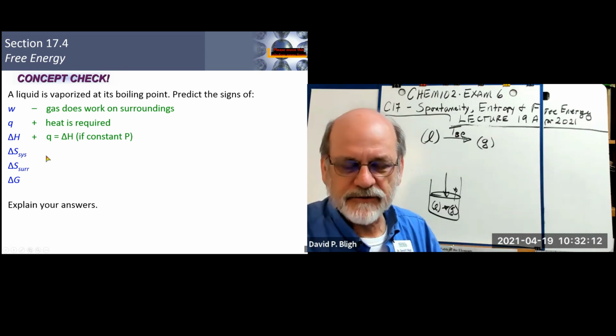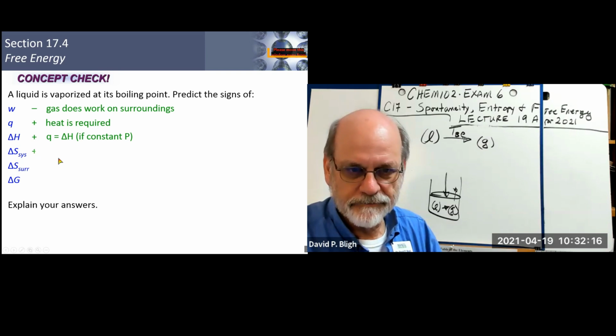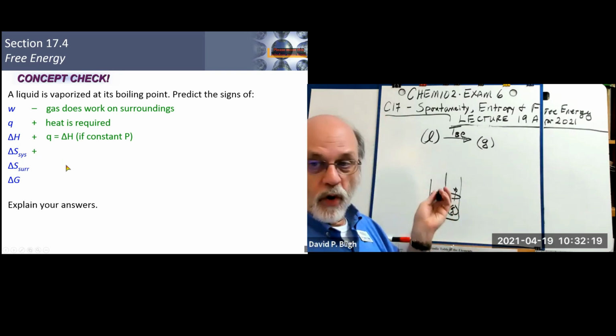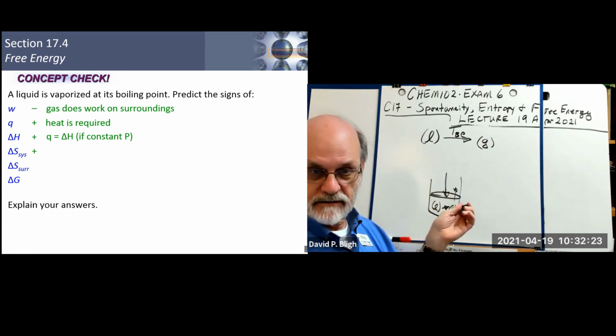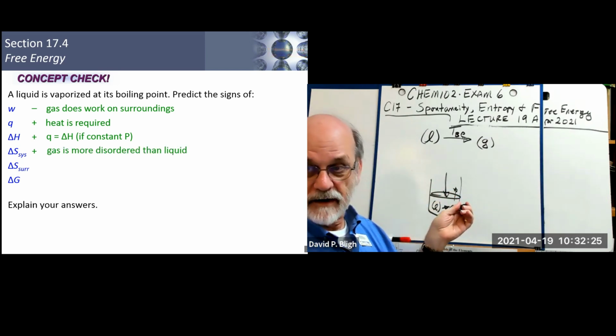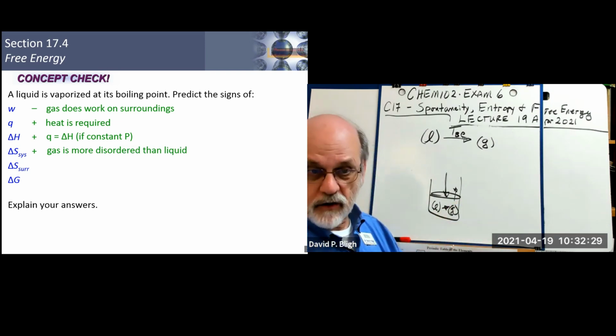How about the delta S for the system? What's happening to the system? The system is becoming more disordered because you're going from a liquid to a gas. So that just stands to reason. Delta S for the system is increasing. How about surroundings?